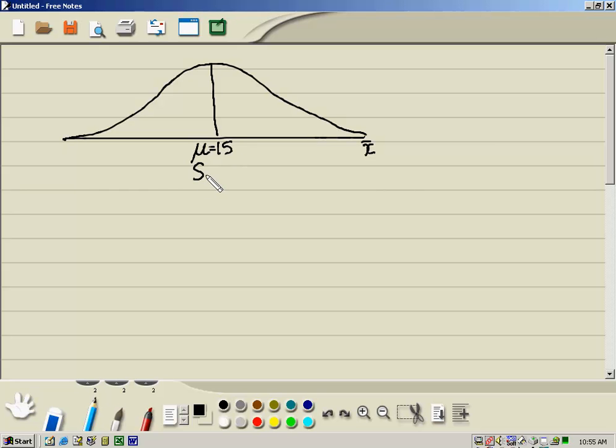If you like, you can write down the standard deviation, S of x bar, 0.8655, if I remember correctly. And we have what are called critical limits, 13.30 and 16.70.